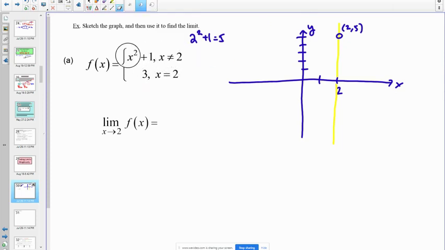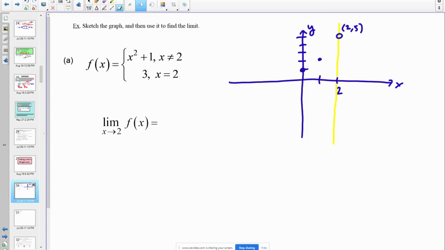All right, and then x is not equal to 2, so let me plug in some points over here. When x is equal to 1, that means x is not equal to 2. This would be 1 squared plus 1. So when x is equal to 1, I'll have 2 here, but this is a closed circle. When x is equal to 0, I'll have 0 squared plus 1 for y, so that means this is 1.